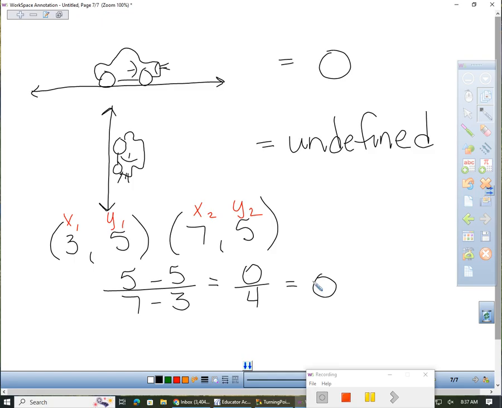What kind of line do you think I have? Nope. If I have a slope of 0, it's a what kind of line? Horizontal. Thank you. Okay? So if I get a slope of 0, I have a horizontal line.